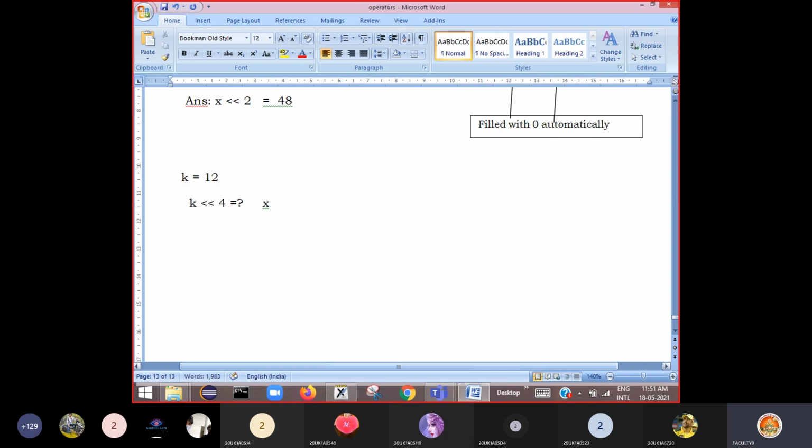So k left shift of 4, if I say, what is the formula you'll get? K multiplied by 2 power of 4. This is the formula.